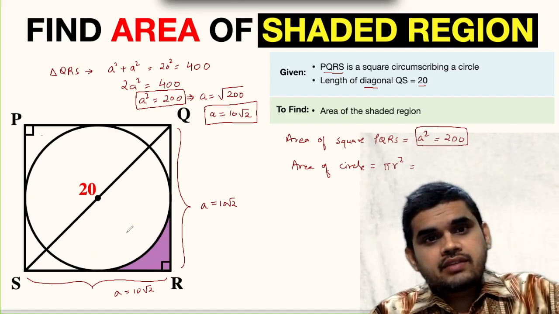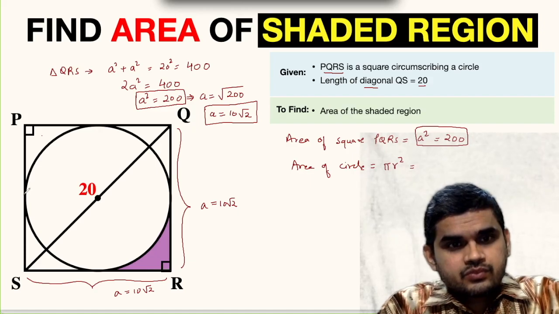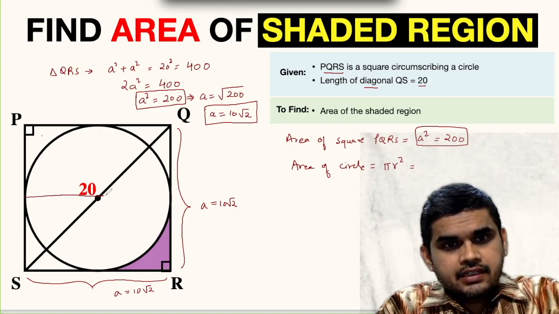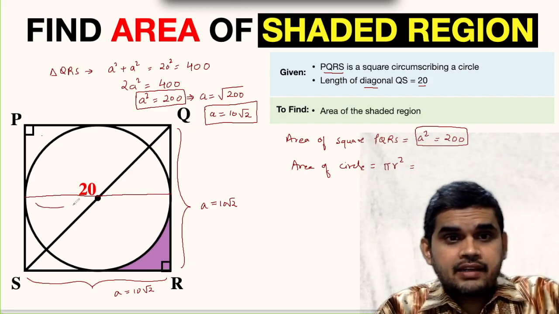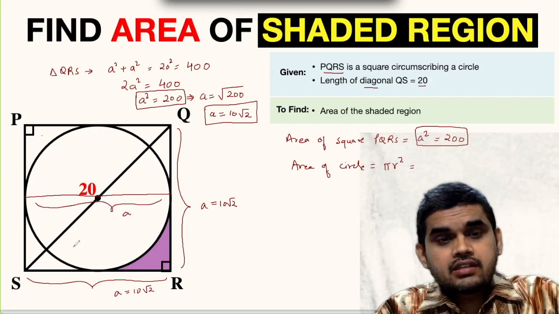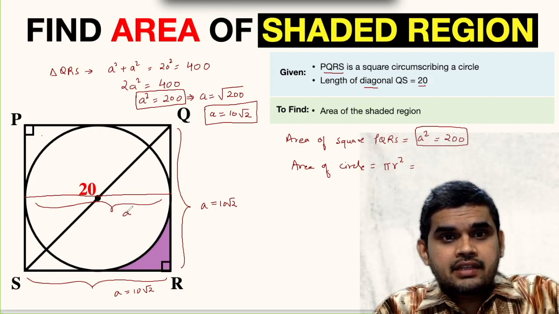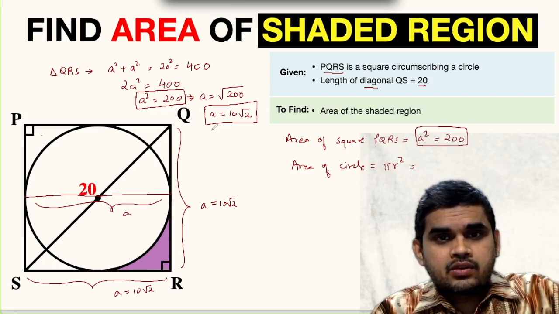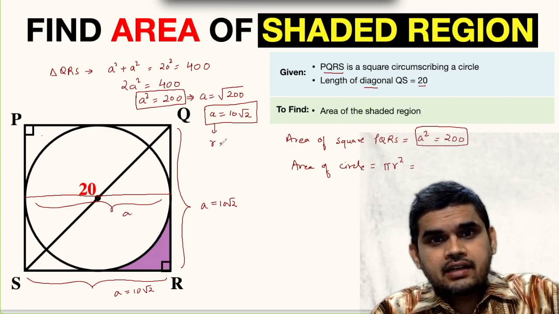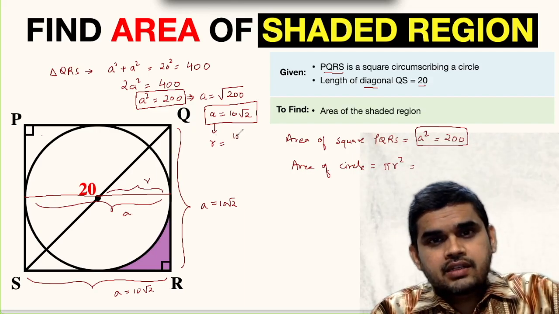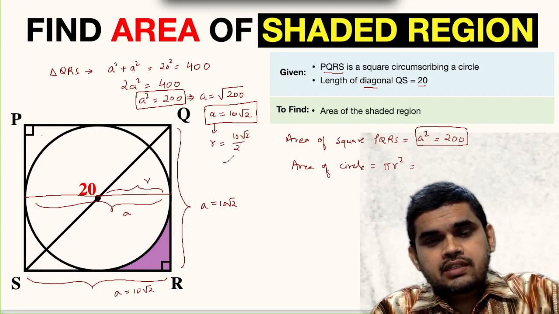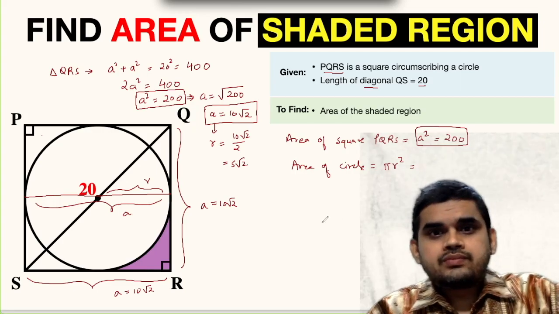See, this is the diameter of the circle and this is equal to A. If the diameter is A, the radius will be A upon 2. So R, this distance, is equal to 10 root 2 divided by 2, that is 5 root 2.